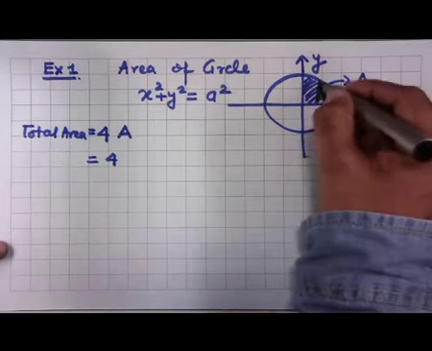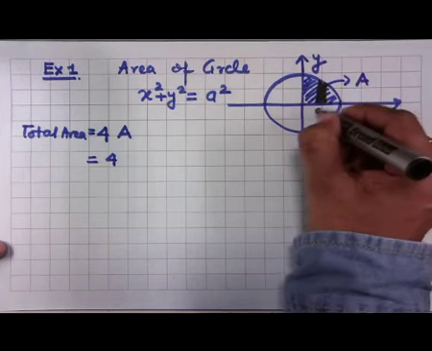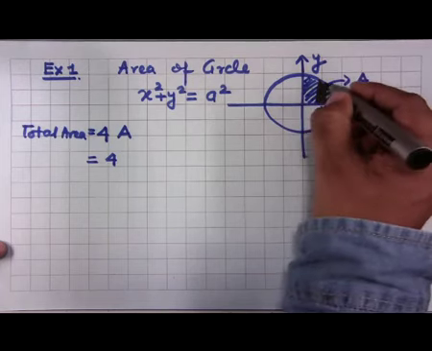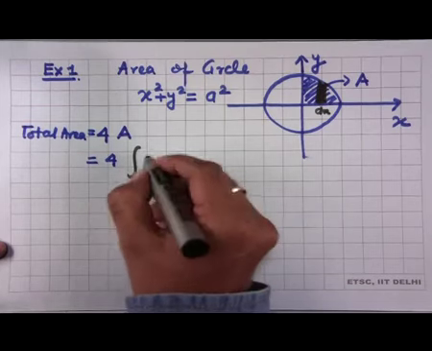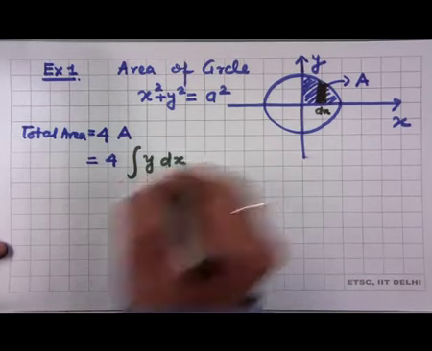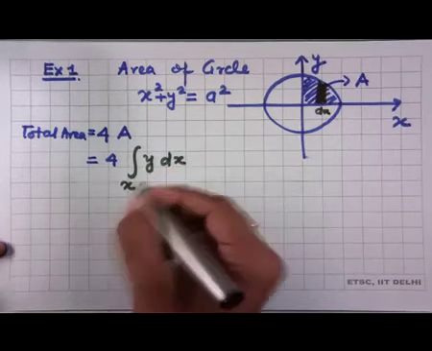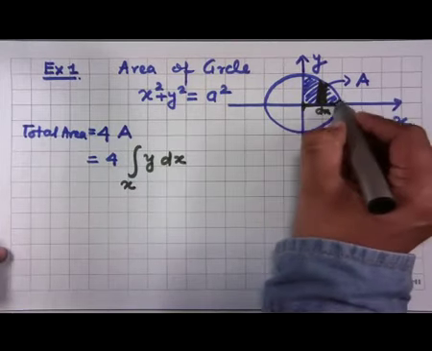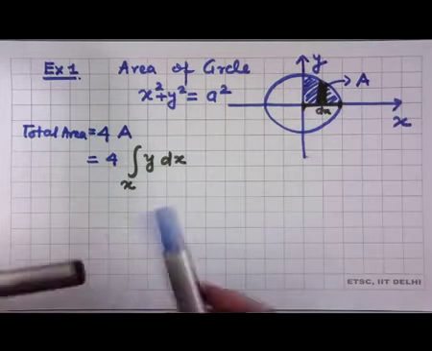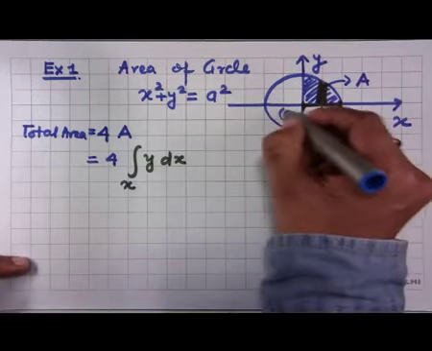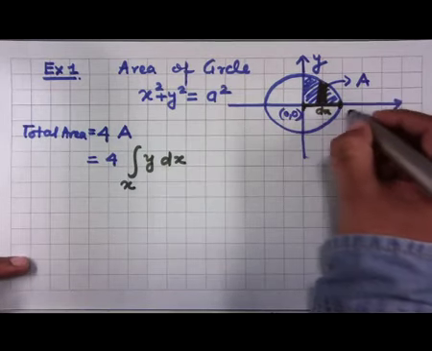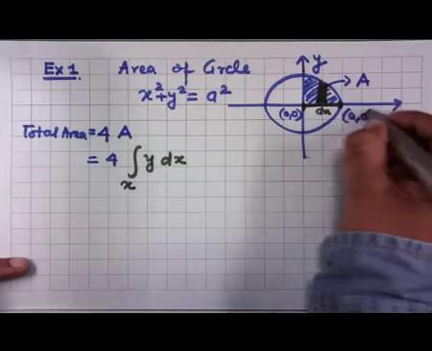How to get A? Draw a vertical strip of dx length whose height is y. So A will be integral of y dx, x goes from here to here. The center of the circle is 0, 0 and this point will be a, 0.